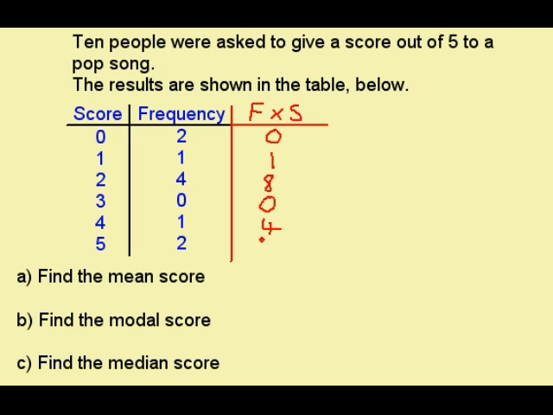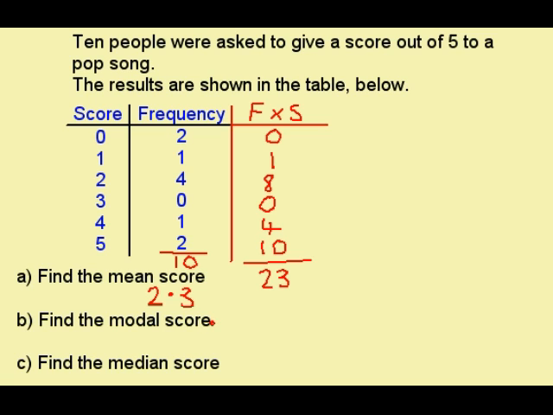I now need to add these up, and I get 23, and I need to add these up, and I get 10. Now to find the mean, I'm going to do 23 divided by 10. The answer is 2.3.